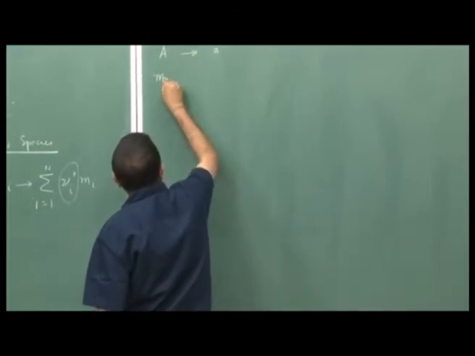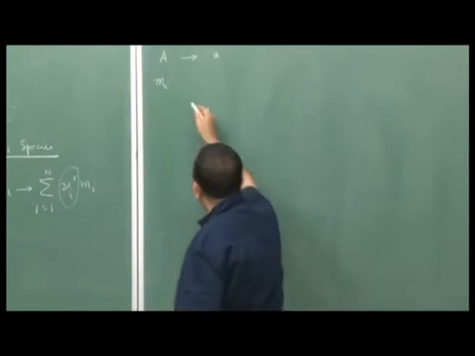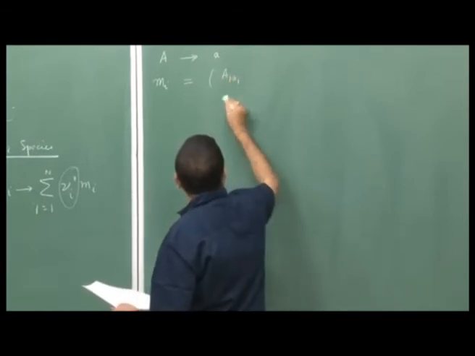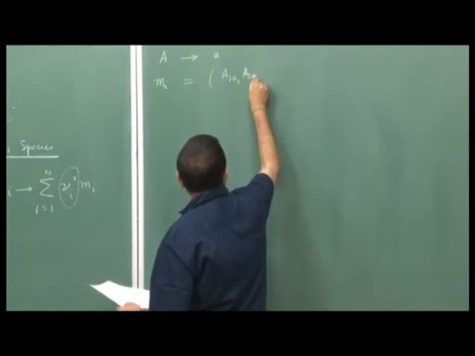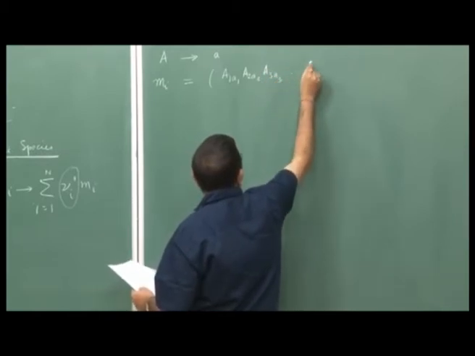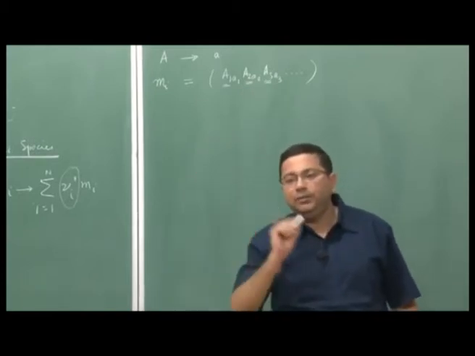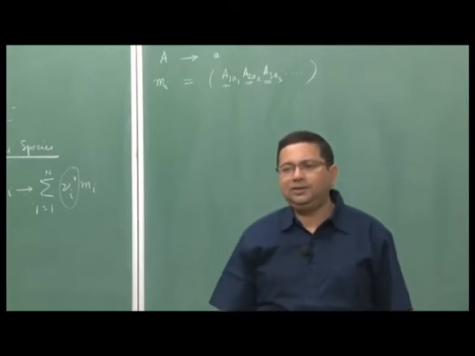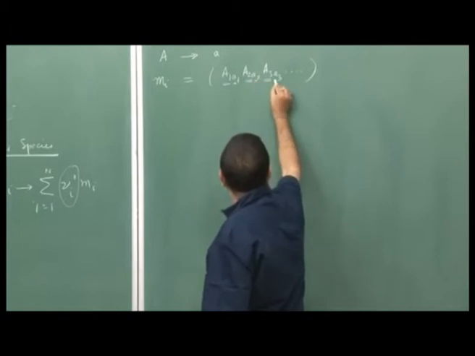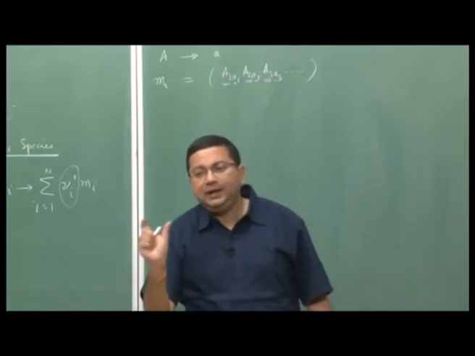Okay. This consists of various atomic species. So, I can write mi as made up of various atomic species, say A1, small a1, A2, small a2, then A3, small a3, etc. Here A1, A2, A3 represent my atomic species. For example, it can be hydrogen, it can be oxygen, it can be carbon, etc. And this small a1, small a2, small a3 represent the number of atoms of this species present in that molecule.